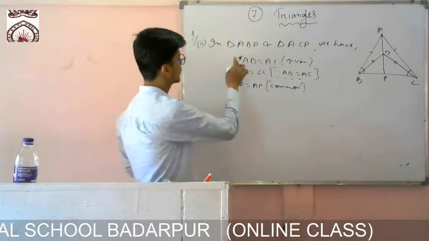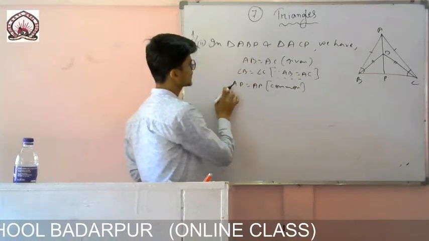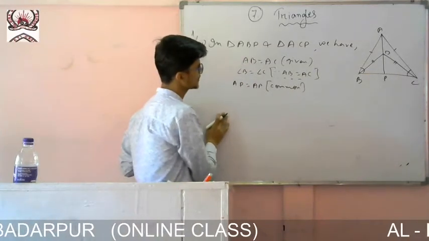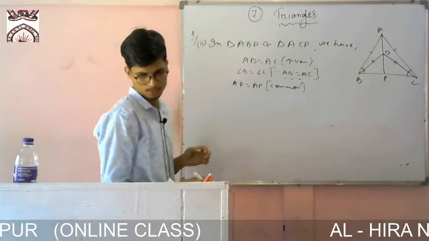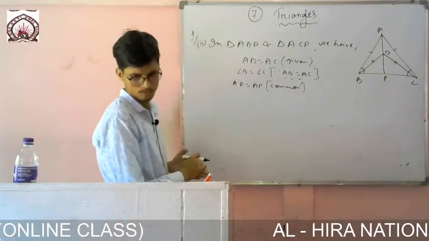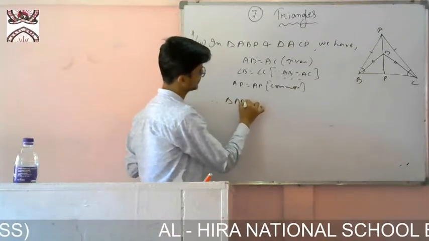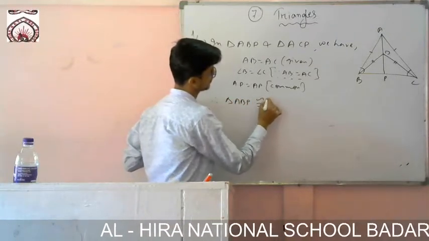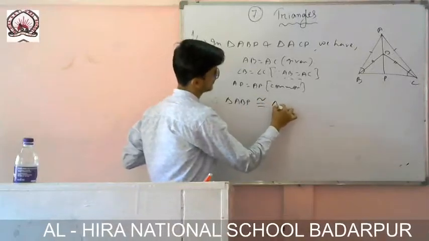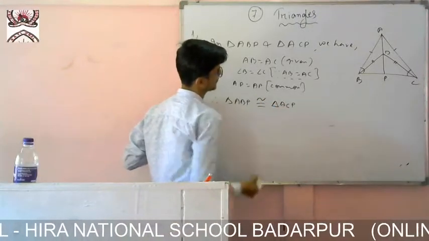So there are three: one, two and three. So I can say that these two triangles are congruent. Therefore triangle ABP is congruent to triangle ACP.